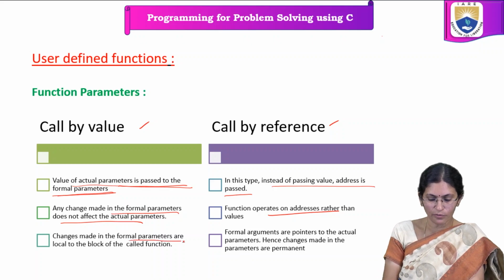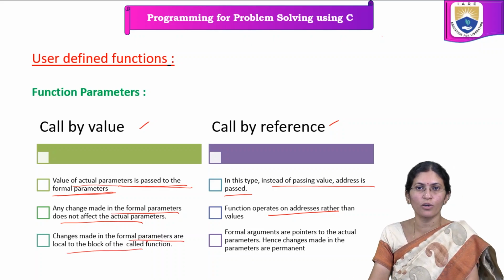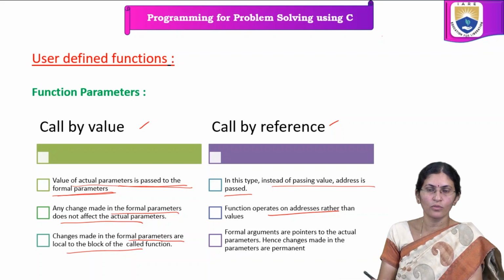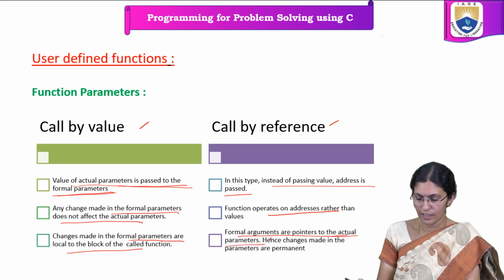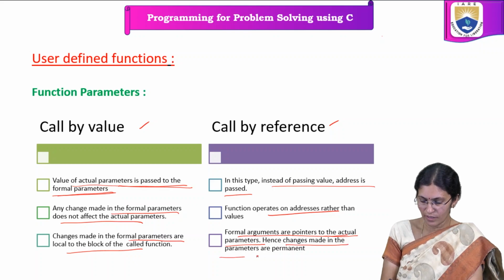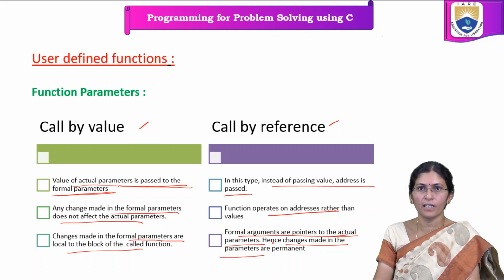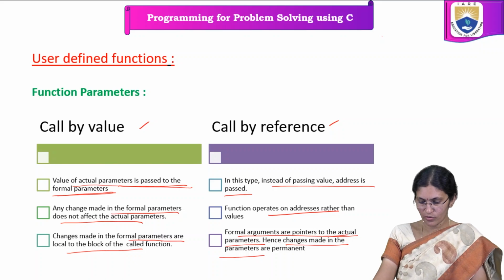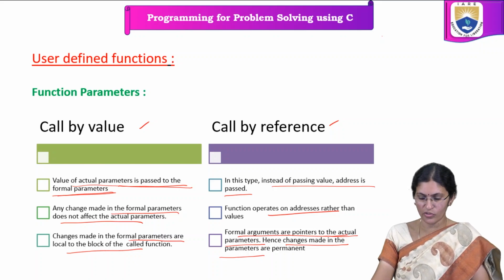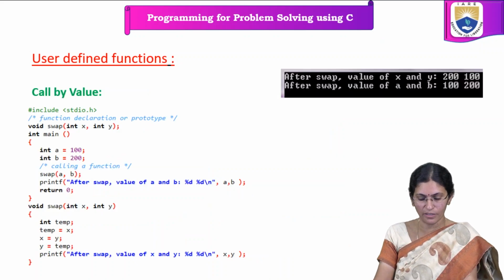In call by value, changes made in formal parameters are local to the block of the called function, so those are not reflected in the actual parameters. In call by reference, the formal arguments or parameters are pointers to the actual parameters. Hence if you make any changes in the formal arguments, those changes will be permanent, and will be reflected in the actual parameters also.